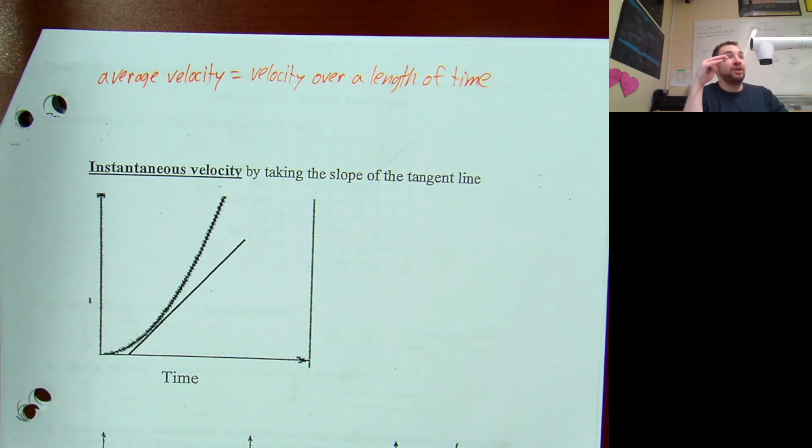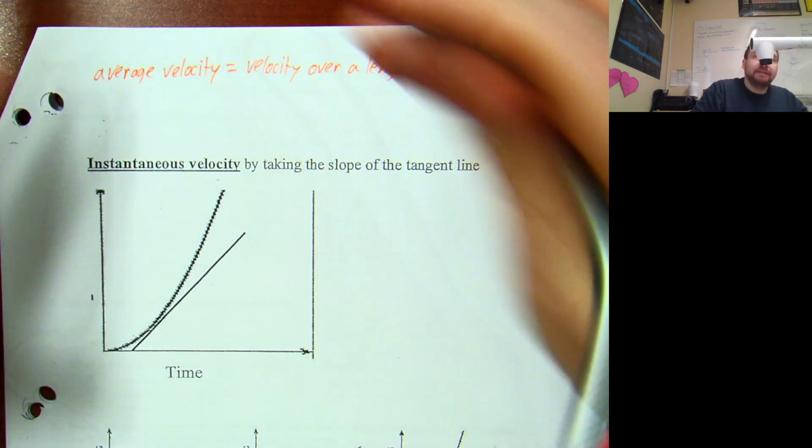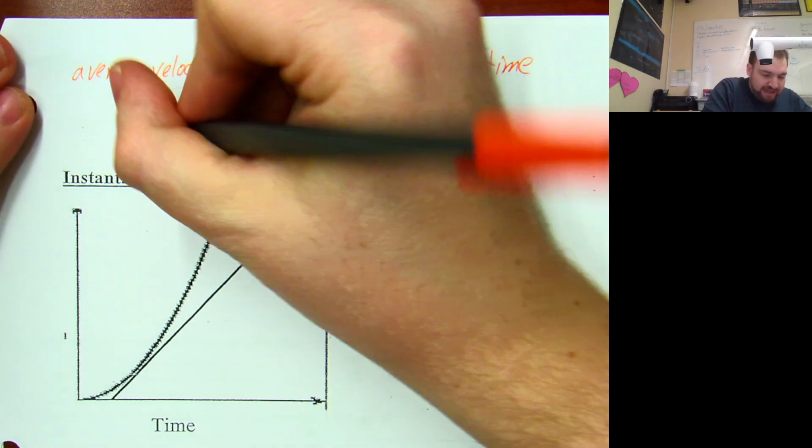You might not go exactly 100 kilometers per hour the entire trip. But if you were going 120 sometimes and 80 some other times and 60 some other times and maybe you did 140 because you're crazy, all of those different velocities could average out to a 600 kilometer road trip in 6 hours, giving you an average velocity of 100 kilometers per hour. So your average velocity is a velocity over a length of time. Your instantaneous velocity is your velocity right now.